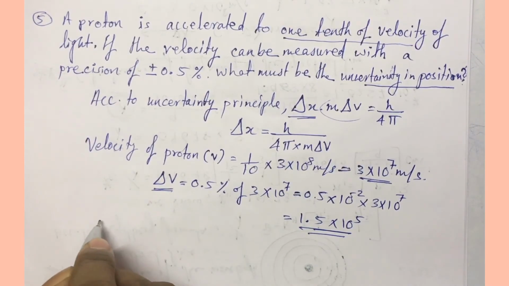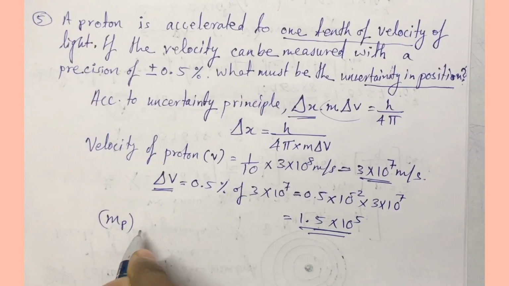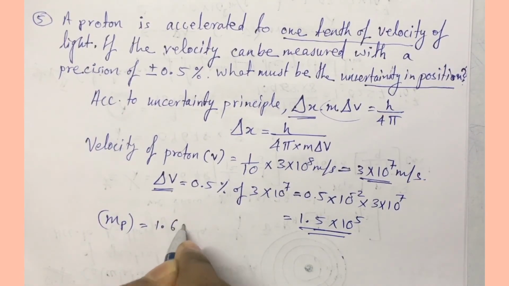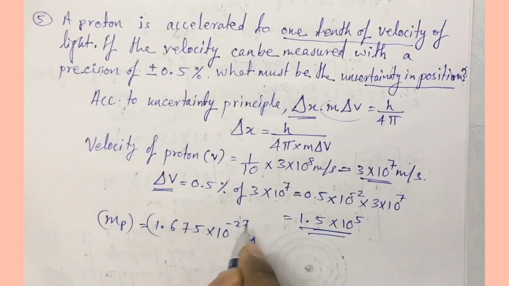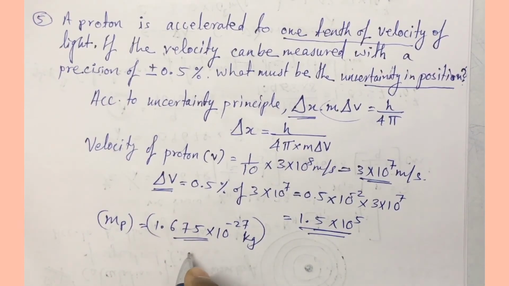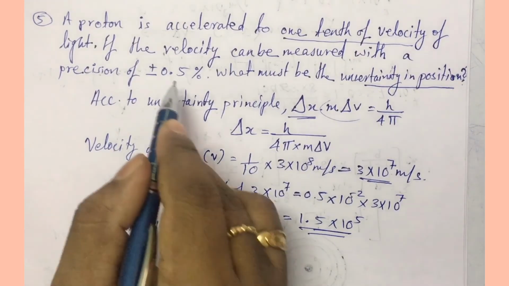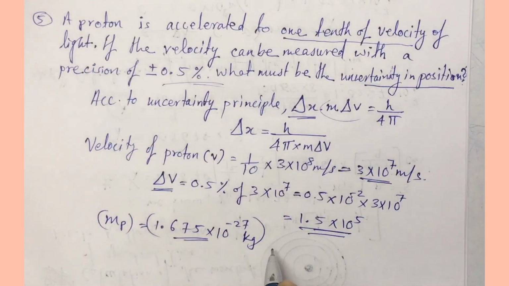Okay, now we know the mass of proton is, you have to learn this one children, 1.675 into 10 raised to minus 27 kilogram. Okay, this you have to learn, otherwise it's not possible to find. Otherwise it will be given along with the question. So if it is not given, you must be able to write it.